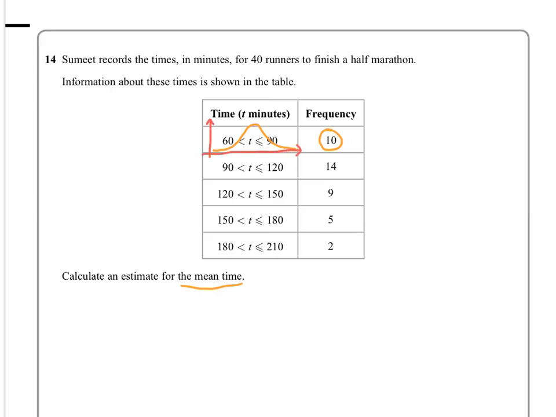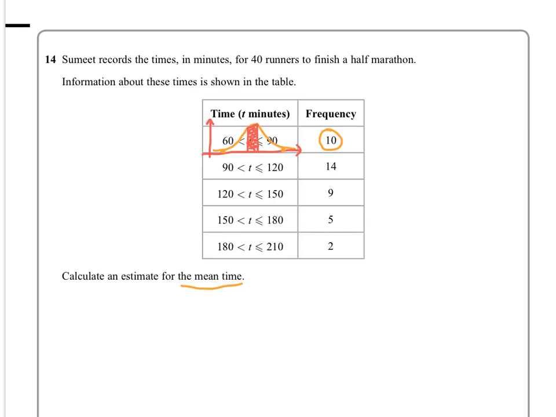So if you had heights, for example, in the United Kingdom, then most of them would peak around this area here in terms of the frequency, and then you'd get some very, very tall people at the top and some smaller people at the bottom here.